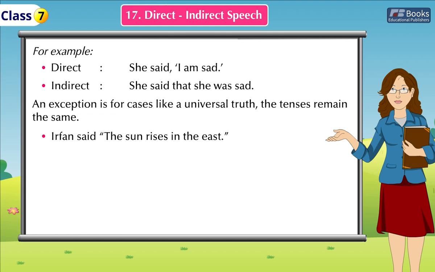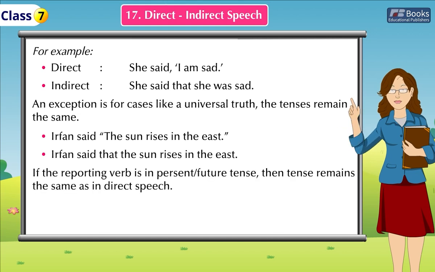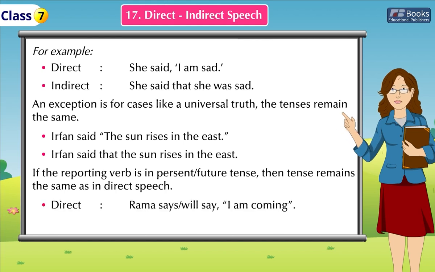Irfan said, "The sun rises in the east." Irfan said that the sun rises in the east. If the reporting verb is in the present or future tense, then the tense remains the same as in direct speech. Direct: Rama says or will say, "I am coming."